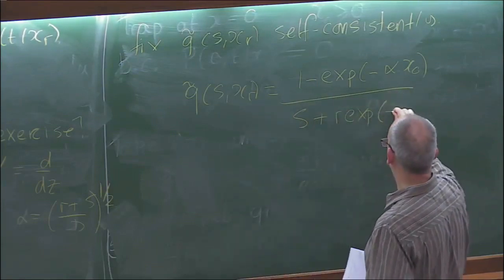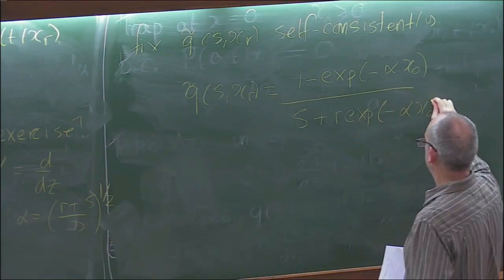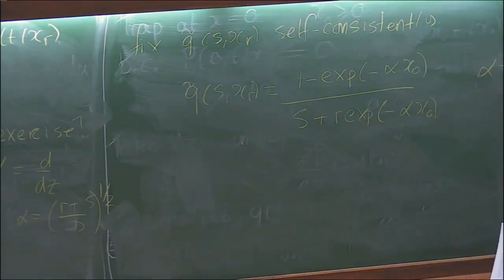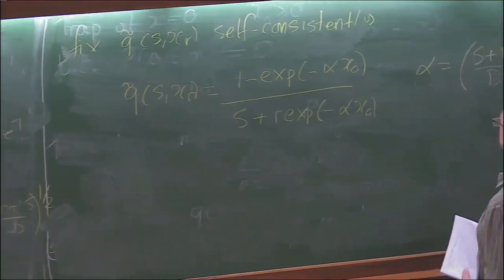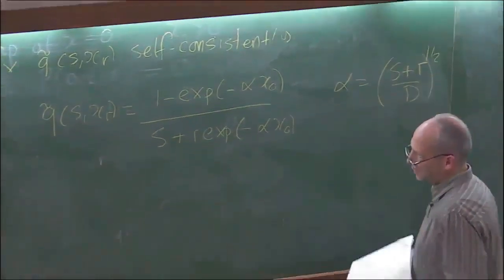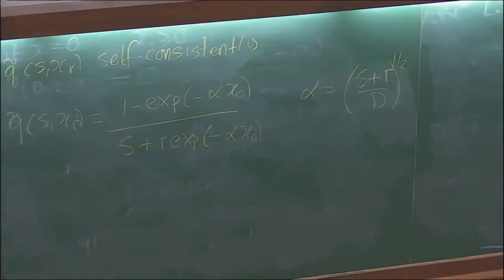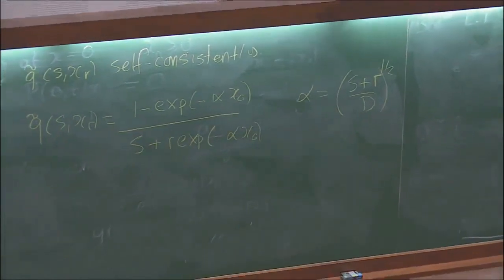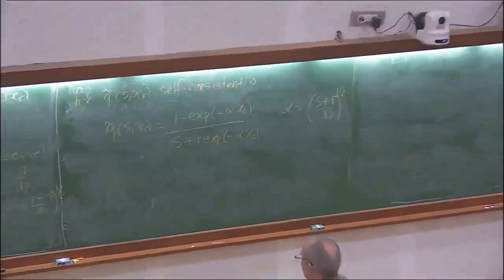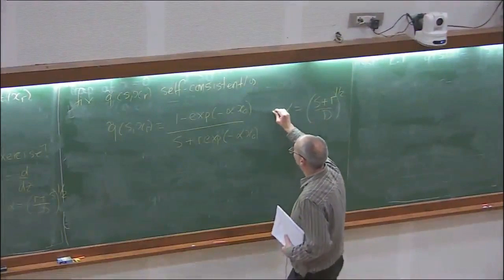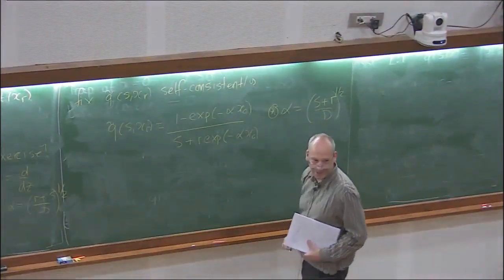Now recall, alpha equals the square root of (S plus R) over D. So that's our result. I'm afraid I didn't keep up with the numbering, so I'll just make this equation star, an important one.